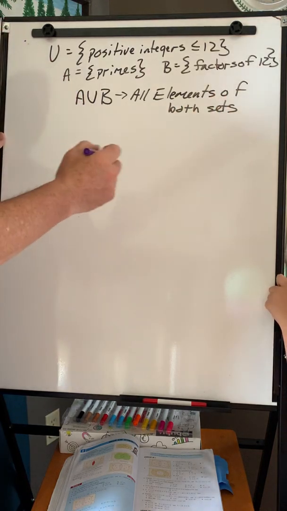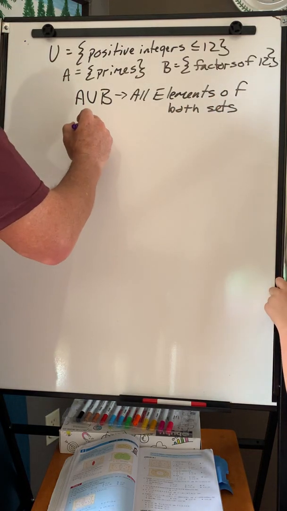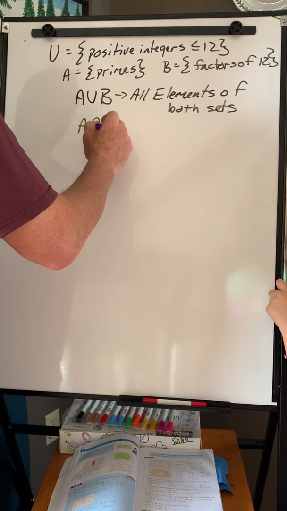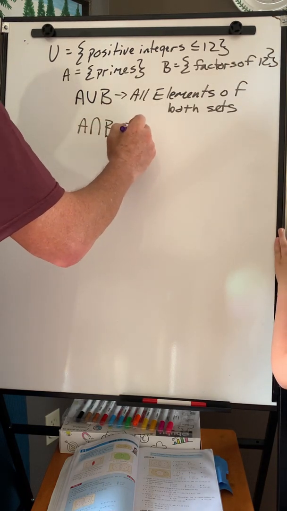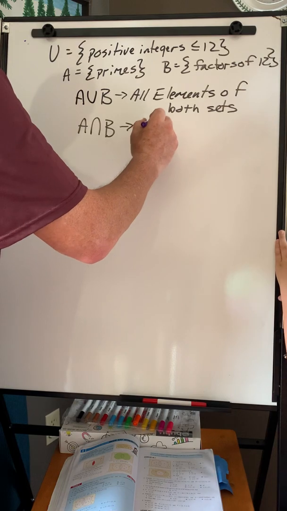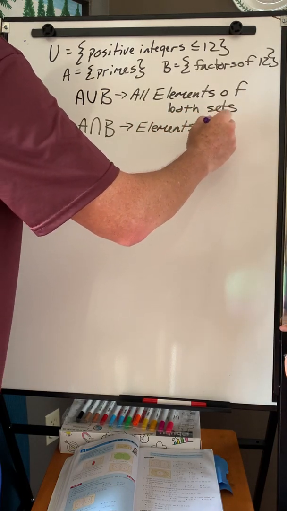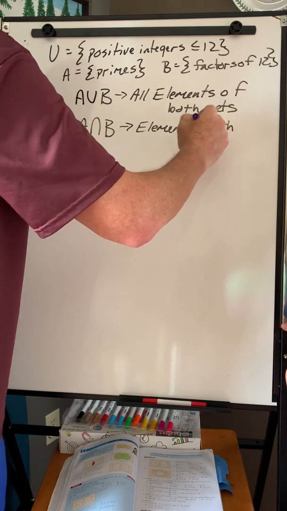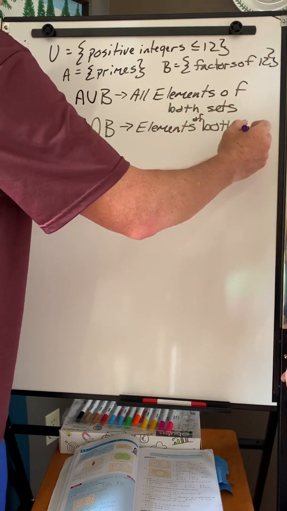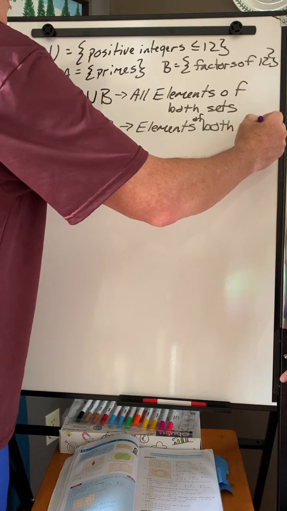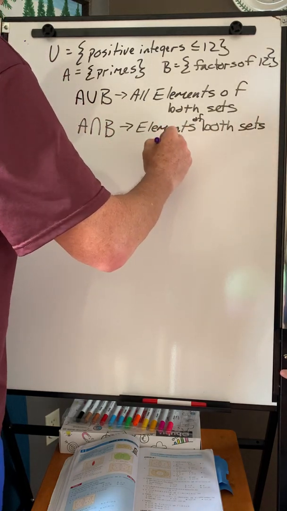Okay? And then we have what's called an intersection. And we write it like this. A intersects B. And that's elements in both sets, elements of both sets only.